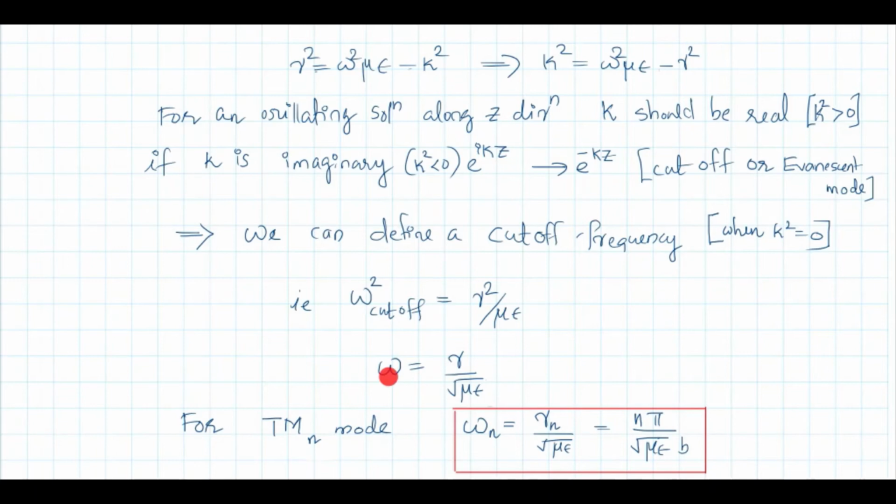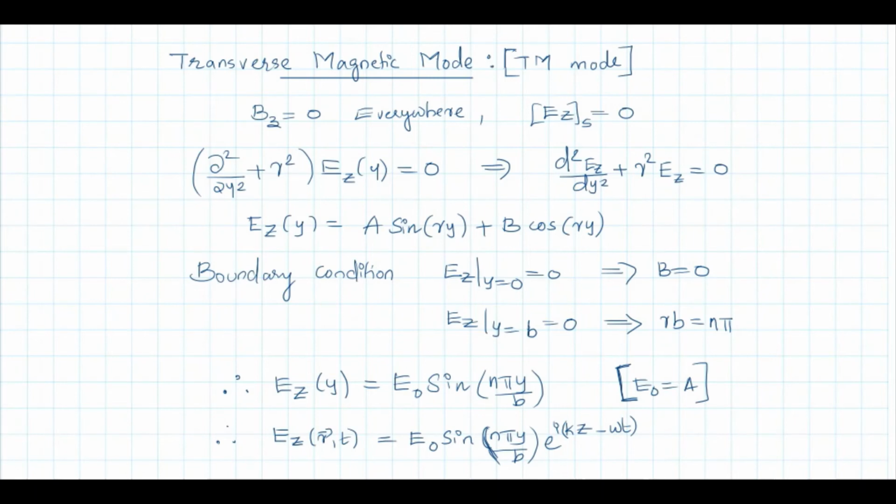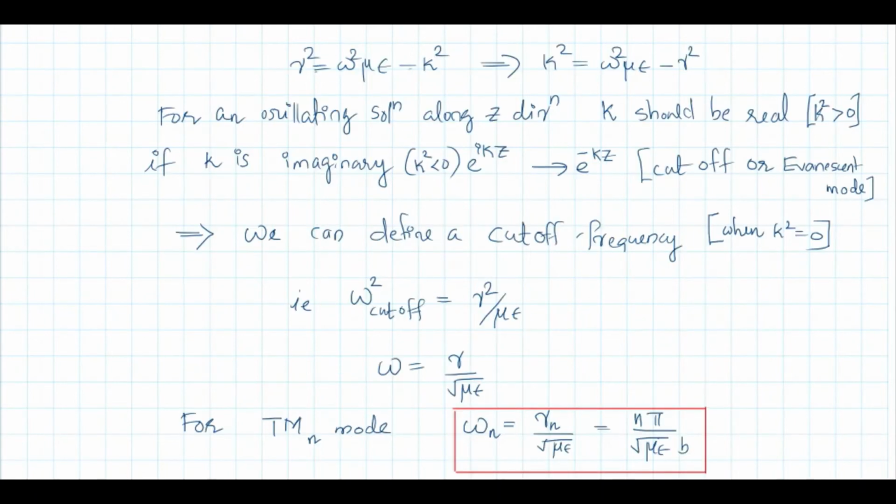The cutoff frequency is omega n equal to gamma n divided by root mu epsilon. What is gamma n? Gamma n is nothing but n pi by b. So this is the cutoff frequency for the nth TM mode. The cutoff frequency is n pi divided by root mu epsilon into b.